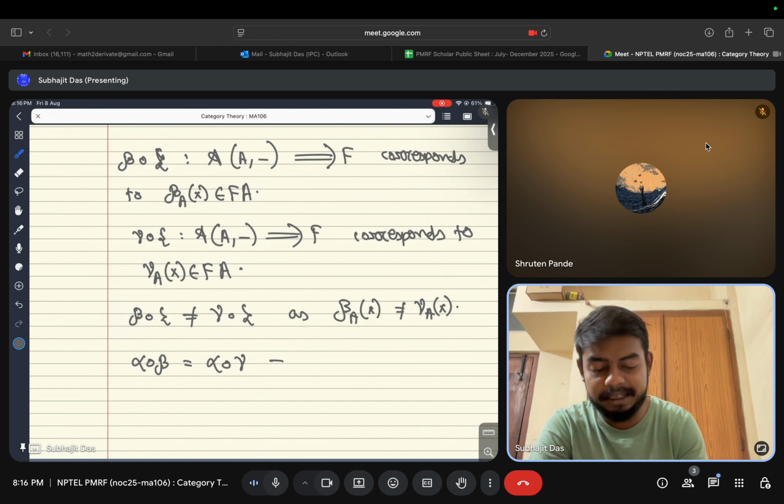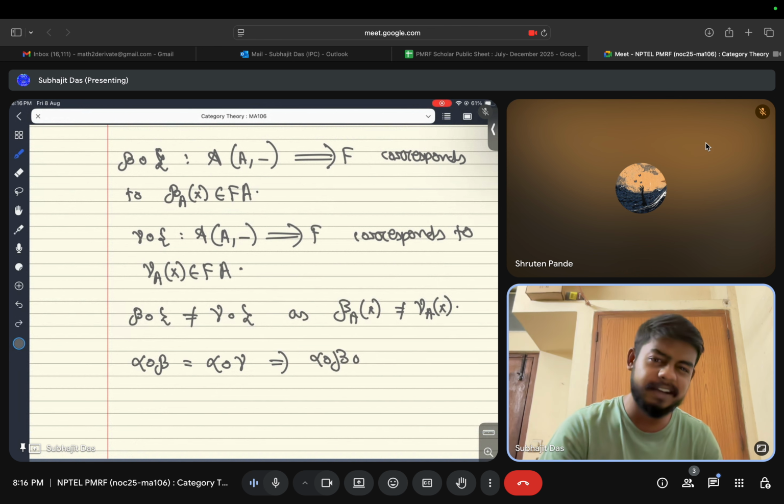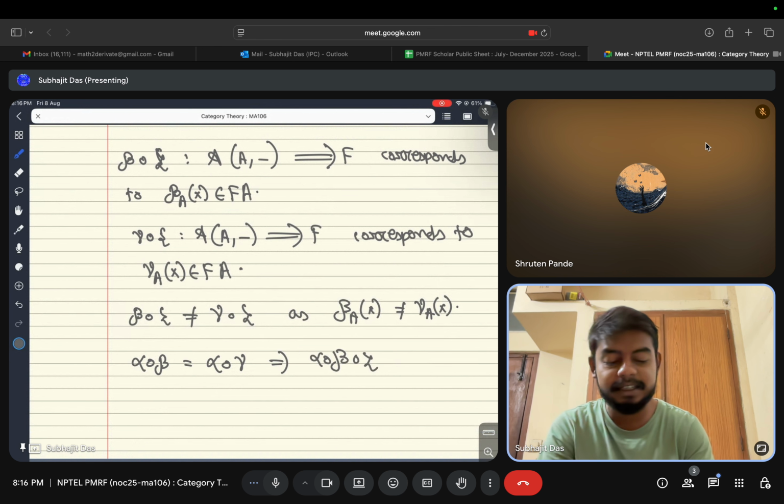So what does that mean? That means that alpha composed with beta composed with zeta is equal to alpha composed with gamma composed with zeta. I'm sorry, just go back and have a look at the notations. I'm pretty sure they are correct. So zeta was your map from this to h, right?